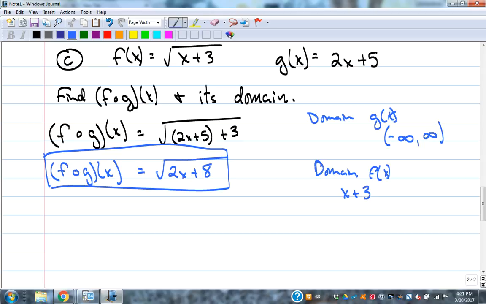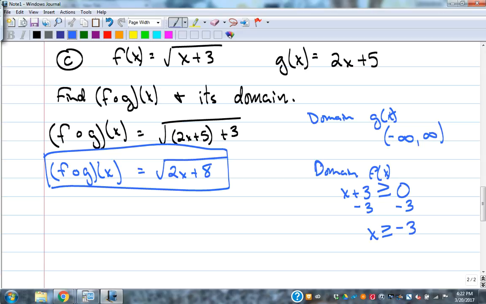It's positive, right? Can we take the square root of 0? What's the square root of 0? It's 0. Yeah, you can. So remember the rule for when there's a square root: you set whatever's under the square root greater than or equal to 0. So x has got to be greater than or equal to -3 in f of x.